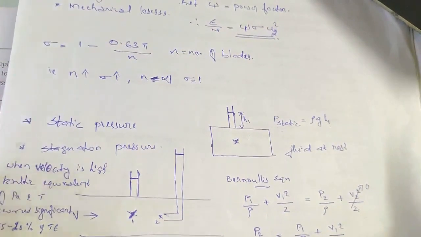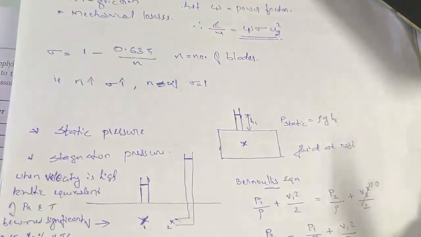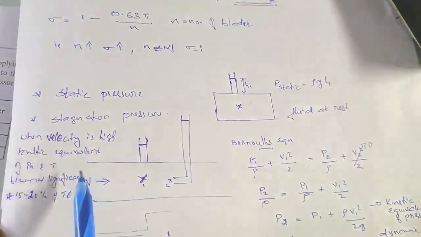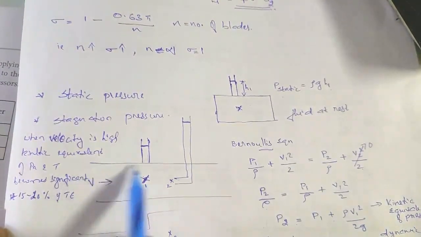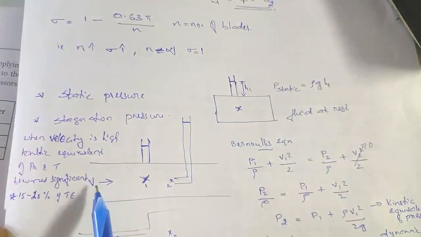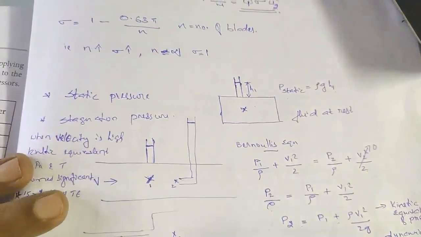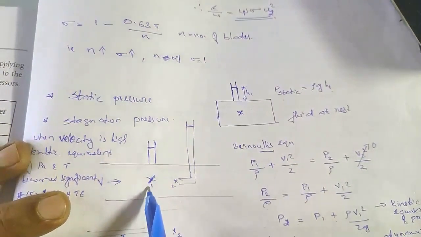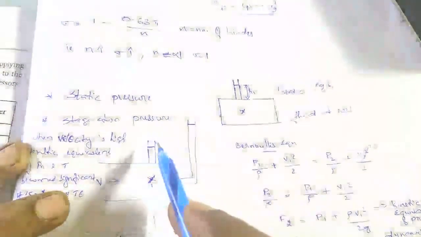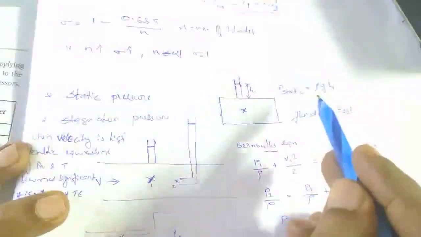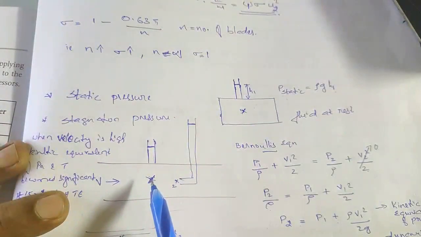And when a fluid is moving with a velocity v, like here, let this be a stream of fluid moving with a velocity v. If you consider a point 1 here and find out the static pressure, it will be equal to rho gh itself.